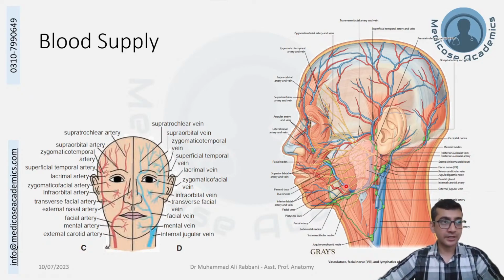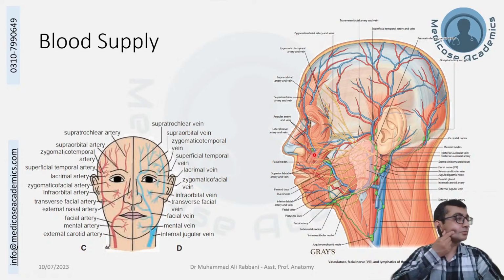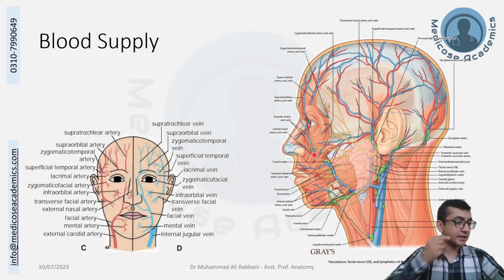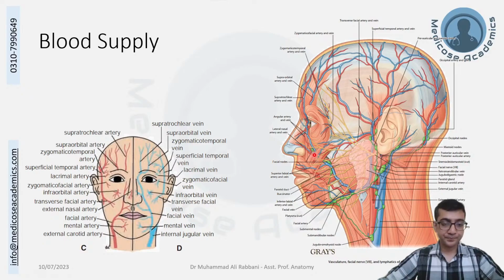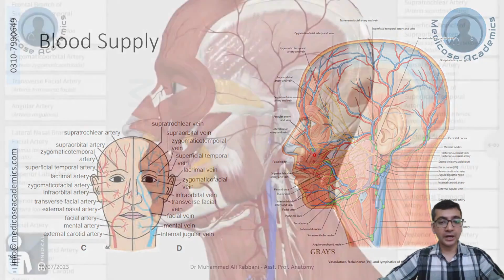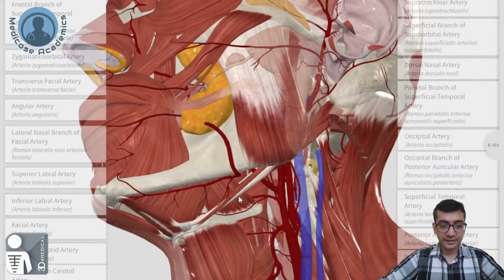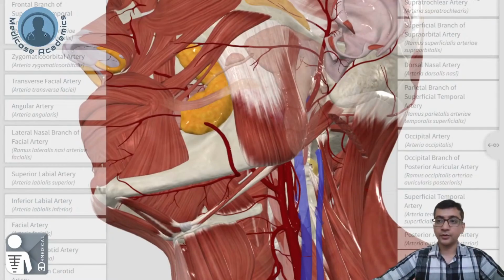While discussing the arteries of the face, you must know where it enters the face. If you clench your teeth, let me get to the 3D model, you will see this muscle that is known as the masseter muscle. The masseter muscle helps you guide the presence of the artery in front of it. So here the facial artery is entering the face just in front of the origin of the masseter muscle.